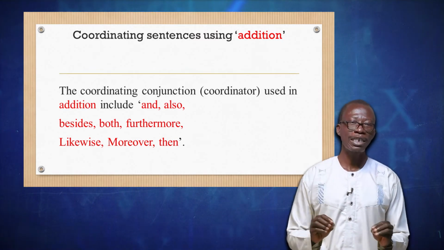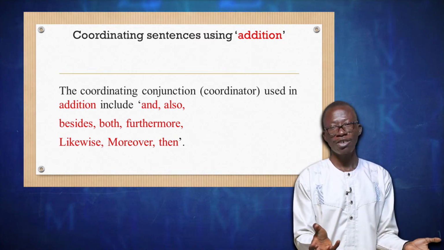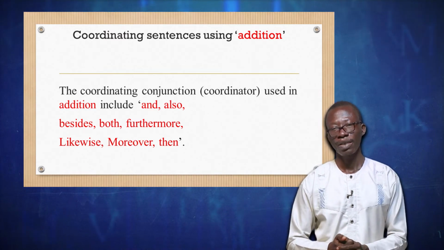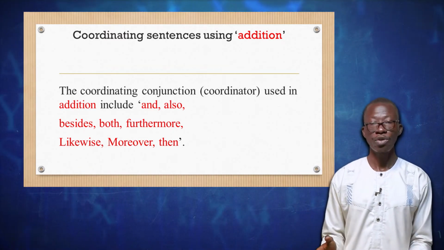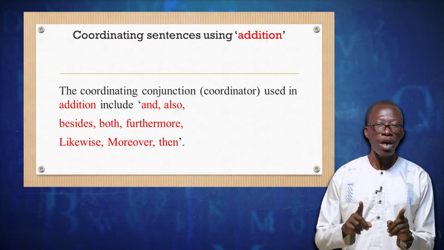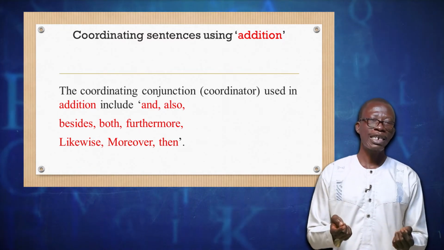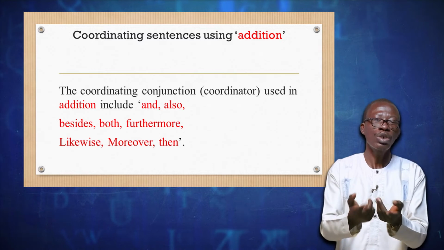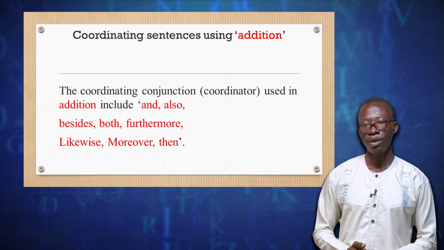Each one depends on the circumstance you are expressing yourself in. Even though some are interchangeable, most often it is determined by the circumstances within which you are expressing your idea.